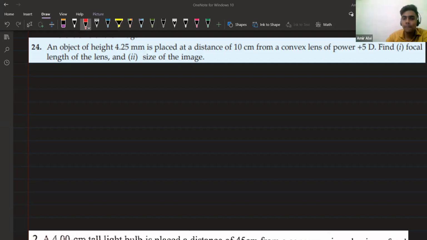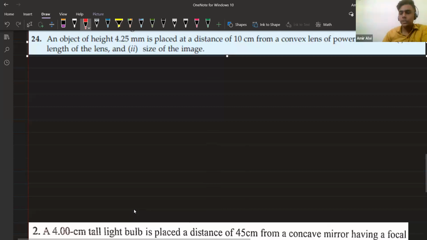Centimeter, mm. mm. Write it in the chat. Okay, ठीक sir. है. Any answer, Aisha? Sir, I'm not able to understand. ठीक है. Okay, let me solve it.